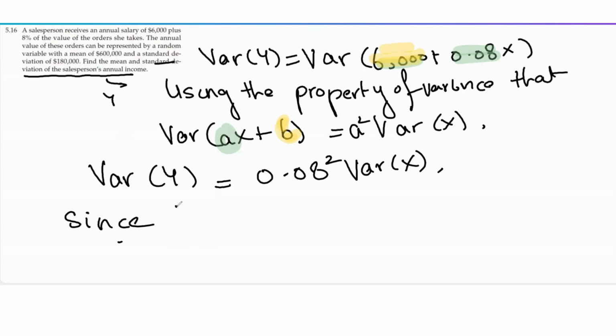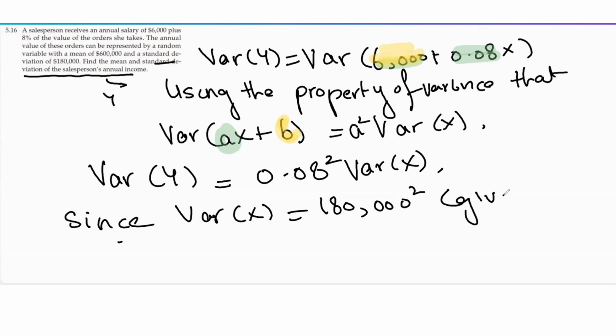Now, the variance of X is 180,000 squared.